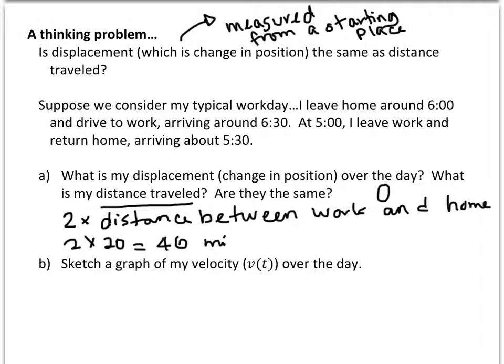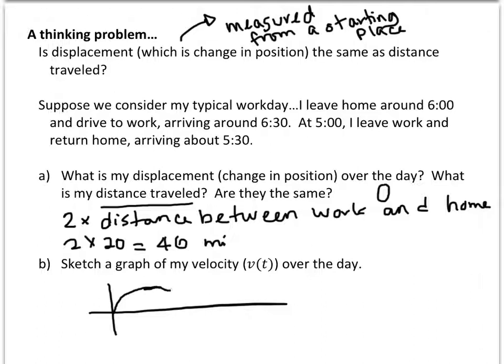If I think about then what's going on with my velocity over the day, and this is a very rough sketch, I start out from home, I speed up, I travel for a little while at roughly the same speed, or the same velocity. This velocity is positive because I am increasing my distance from home. I'm traveling towards work. It's a positive direction.